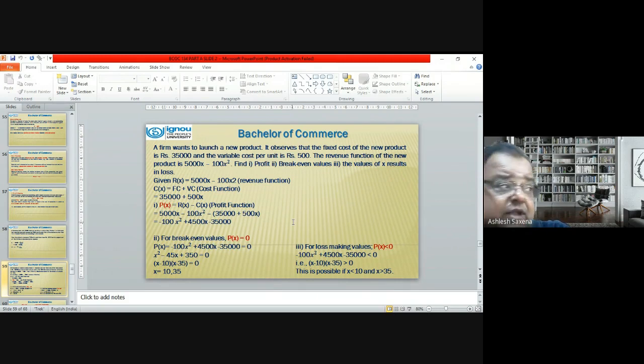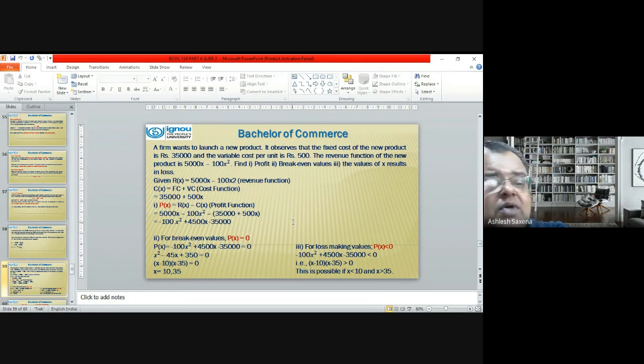If it is a loss, P(x) should be less than 0. For the loss, we have the points 10 and 35. Loss is possible when x is less than 10 and when x is greater than 35. These are the two conditions where we can have it.